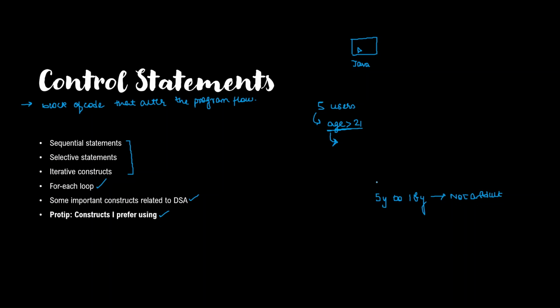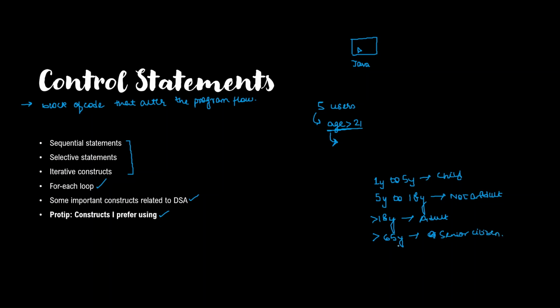And given that it is 1 year to 5 years exclusive, the person is a child. Let's say if it is above 18 years, the person is an adult. And if the person is above 65 years, then the person is a senior citizen.